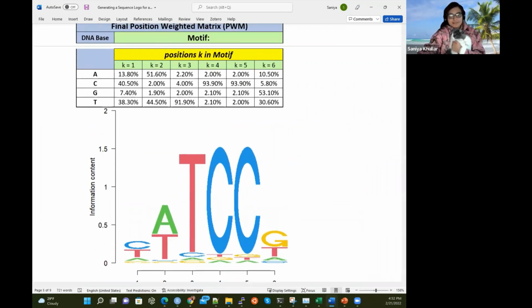So as expected, if we look at the tall ones here, the majority like we were looking at before, C is on the top here, then A is kind of tall, followed by T below.